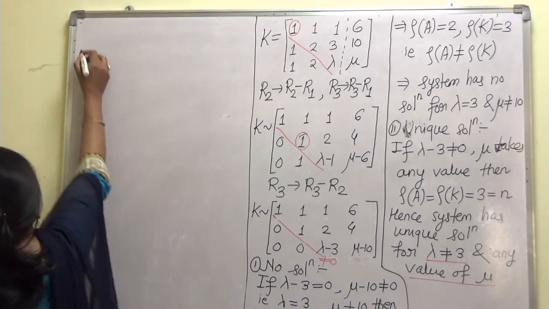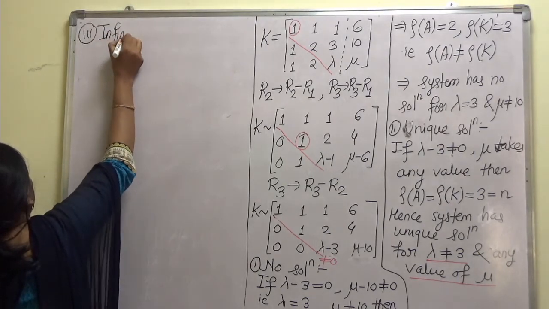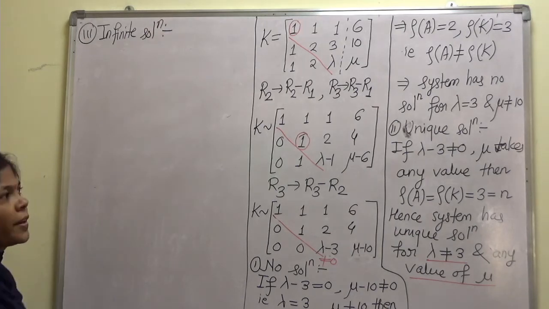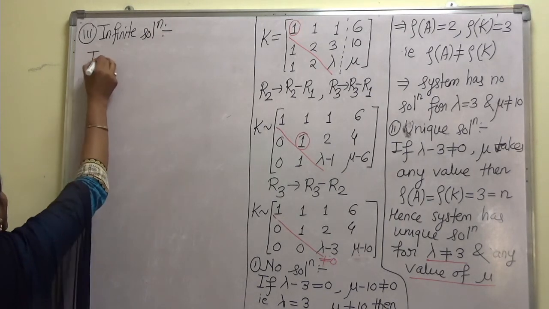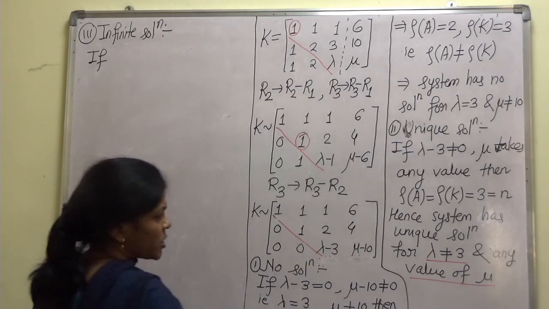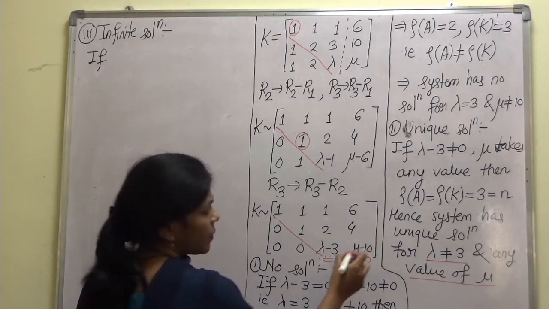So the third case, infinite solutions. If the third row is a 0 row, this must be 0 and this also 0.